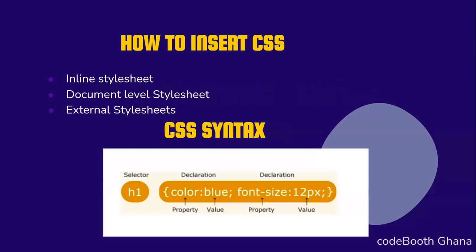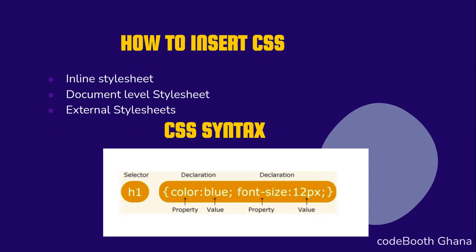Okay, so let's see this quickly, then we move on to our text editor. So how do you add CSS to your website? That is the first question. There are three main ways of adding CSS to your website, and we are going to look at them one after the other. Then we all conclude on the best option.